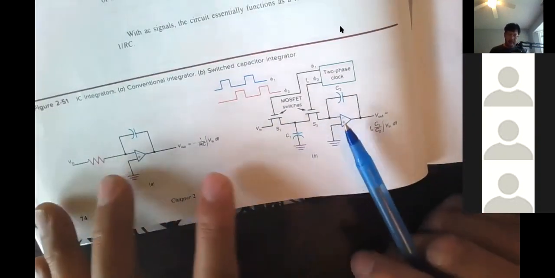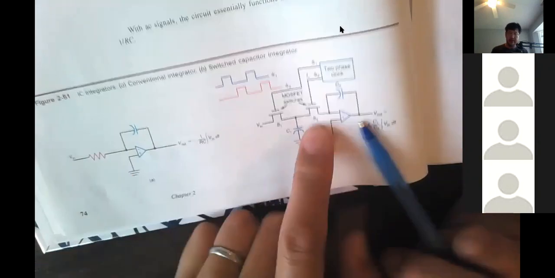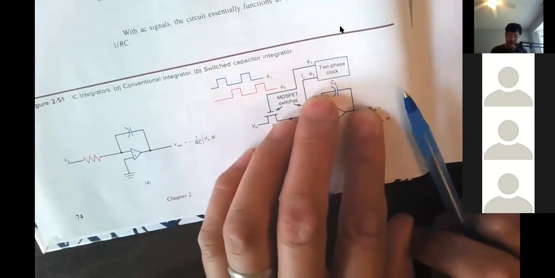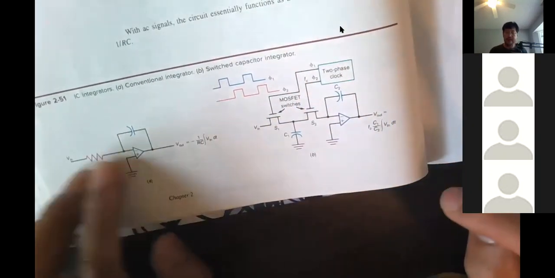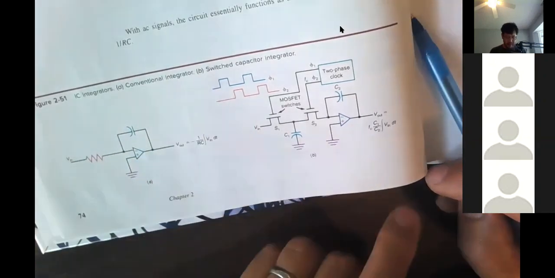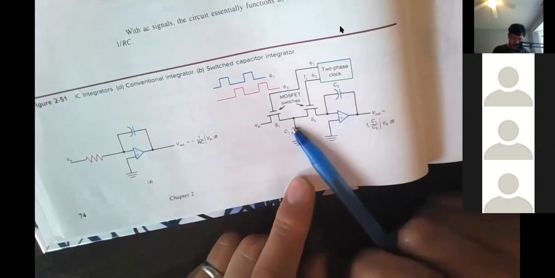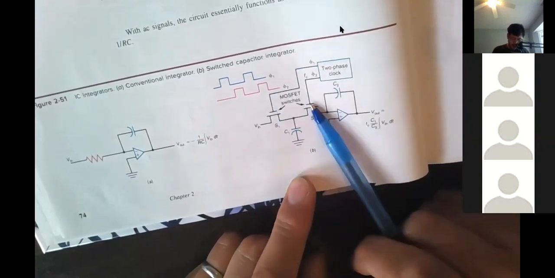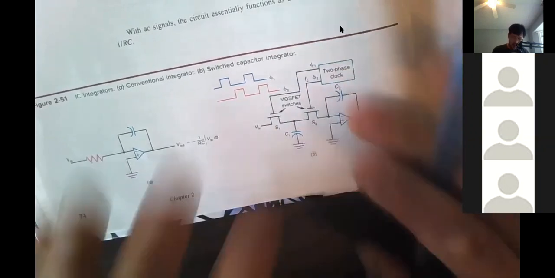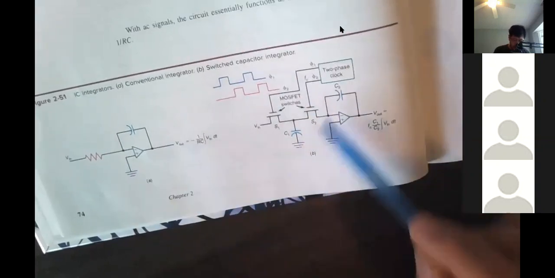By looking at the schematics, you might think, well, this is much better, right? This one is so complicated, and this one is simple and easy: resistor, capacitor, amplifier. In this case, capacitor, capacitor, transistor, transistor, a computer. So in this case, you have a computer. What are we missing here?